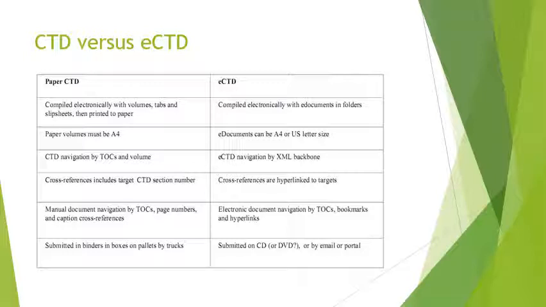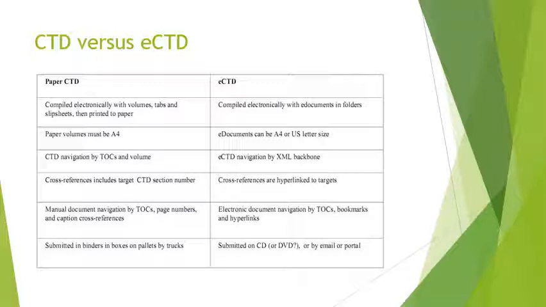In ECTD it is compiled electronically, with e-documents in various folders, whereas a CTD is printed on paper. The paper size for a CTD is A4, whereas in ECTD it can be A4 or US letter size.